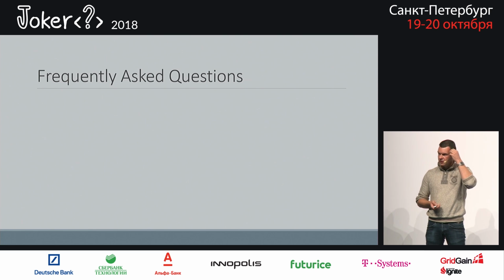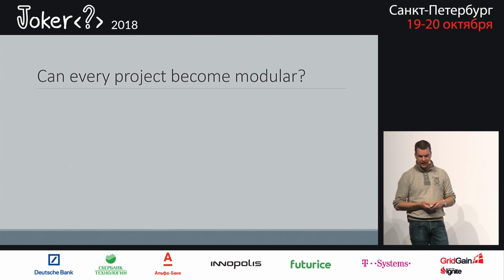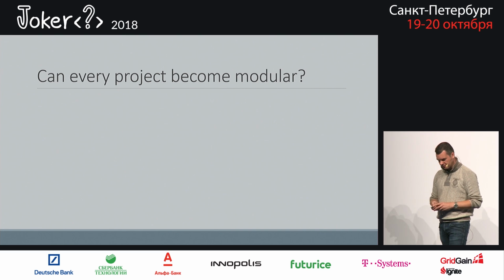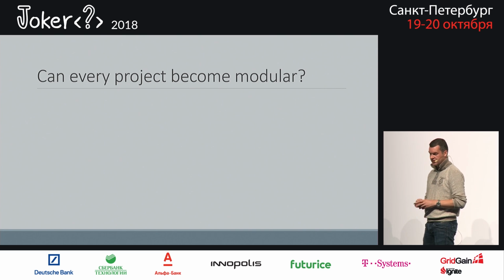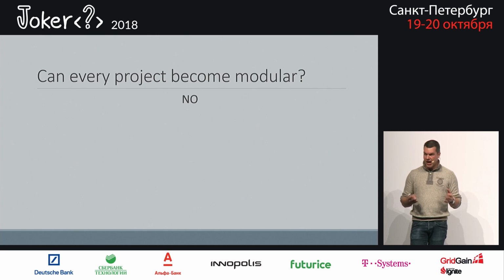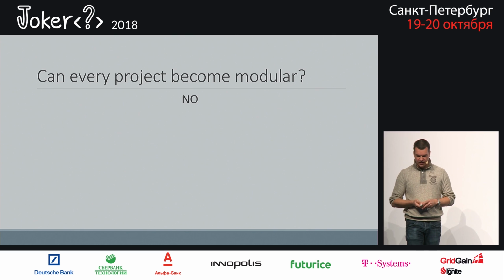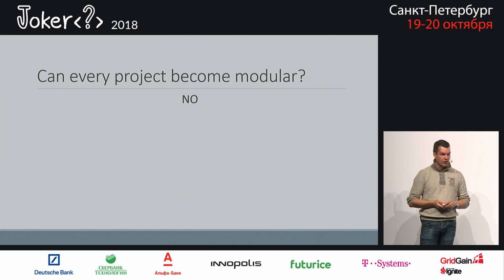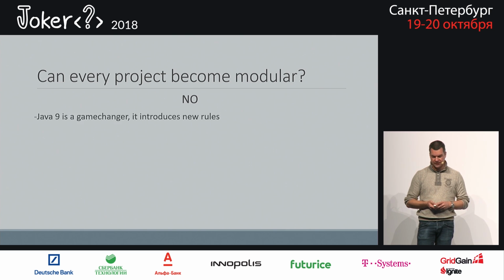There are, of course, always some frequently asked questions at conferences. And one of them is, can every project become modularized? And my personal answer is no. It can be very hard, especially for applications that already exist. It is probably not worth it to make it modularized.